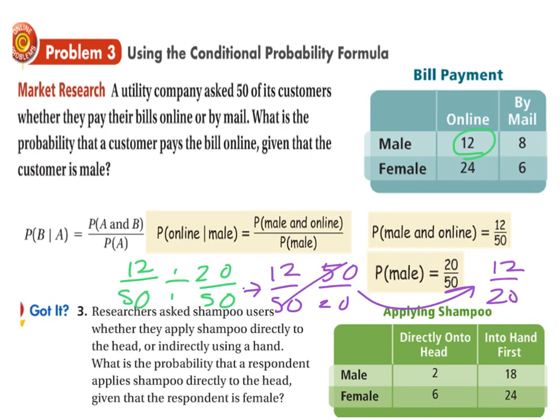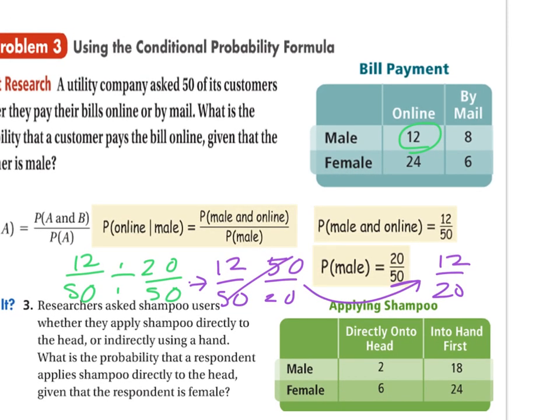I'm sure you can see there that the greatest common factor for 12 and 20 would be 4, and so we end up with 3/5 or 60% chance that the person pays their bill online given that they're male. So 3 out of 5 or 60% chance. And again, like I said a few times now, we could have figured this out just from the table, but we want to practice using our formulas a little bit.